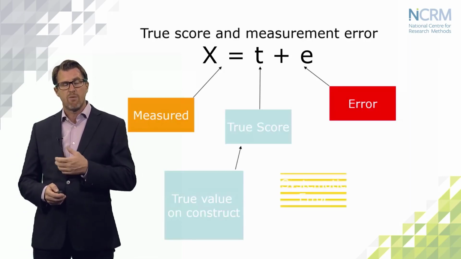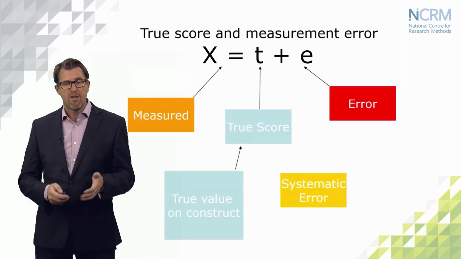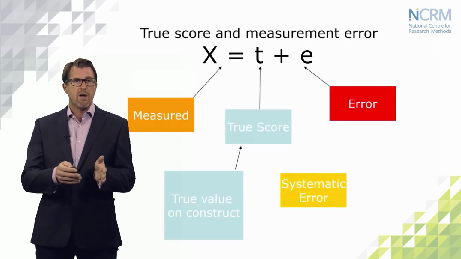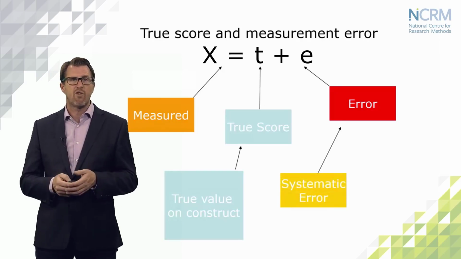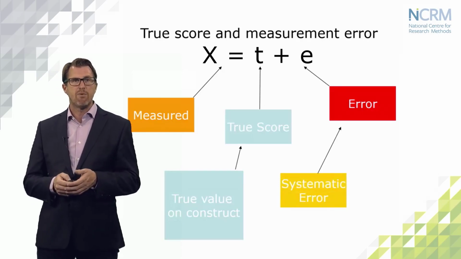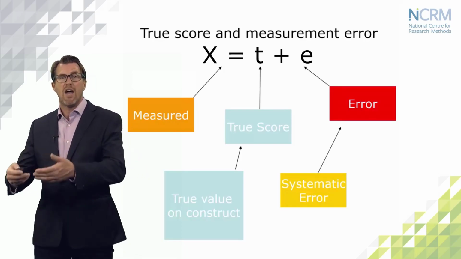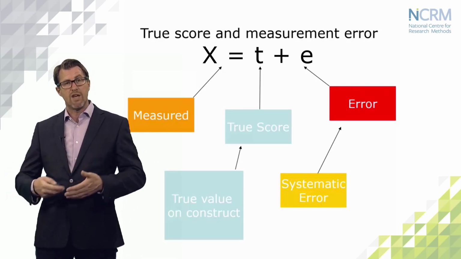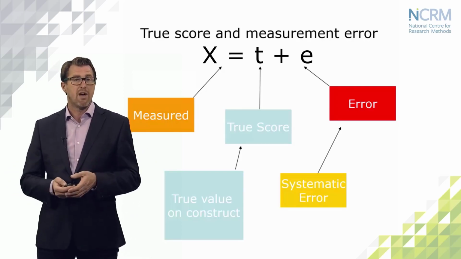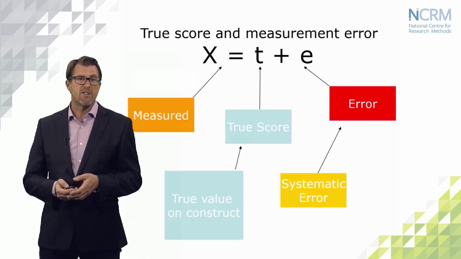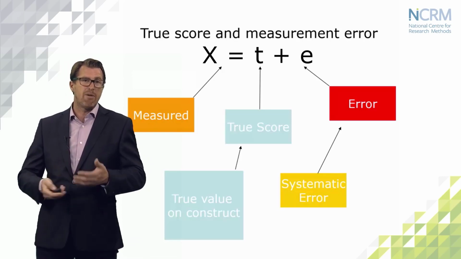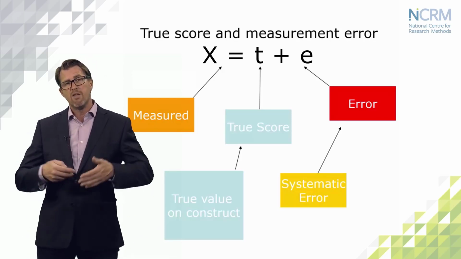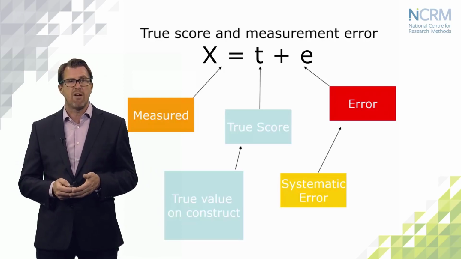The first is what we could think of as systematic error. This is a bias where perhaps the question is phrased in a way which makes people give higher happiness ratings than their actual level of happiness. Maybe it's because it's a question administered by an interviewer and they don't want to seem unhappy because that's socially undesirable. This would be a systematic error.